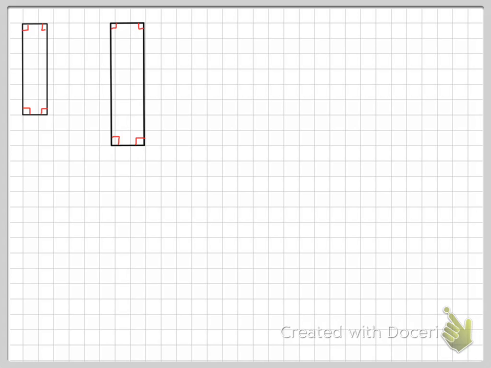So let me change color here for a little bit. Okay, so please draw these two rectangles, and they are similar rectangles. This one has a width of 3 and a length of 12, and the other one has a width of 4 and a length of 16.